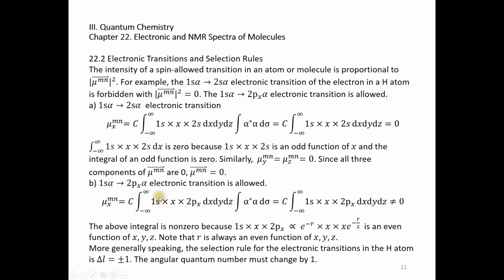When the transition dipole moment is non-zero, its squared modulus is non-zero, and the intensity is proportional to this, and therefore the intensity of observing this 1s alpha to 2px alpha electronic transition is positive. We can observe this. This is an allowed transition. More generally speaking, the selection rule for the electronic transition in the hydrogen atom is delta L is plus minus 1. The angular quantum momentum number must change by 1.